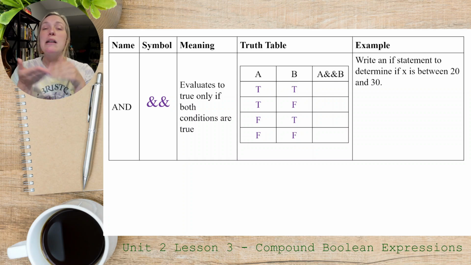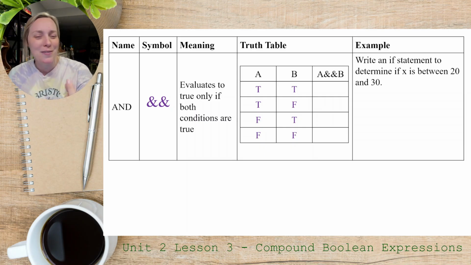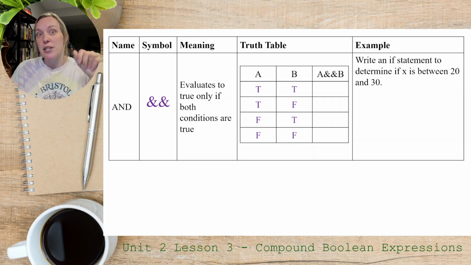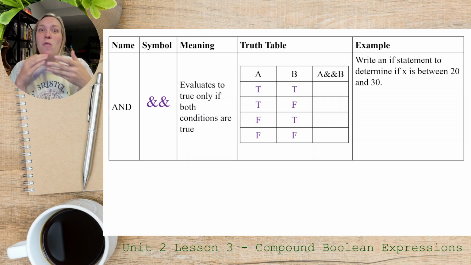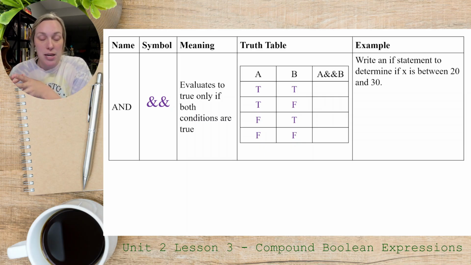I'm going to write down all possible combinations: A true and B true, A true and B false, A false and B true, A false and B false. Those are all the combinations I can have, and I start with that in my truth table. Then I put down in the next column what my Boolean operator is. This is the simple one of A and B. We pronounce that A and B.